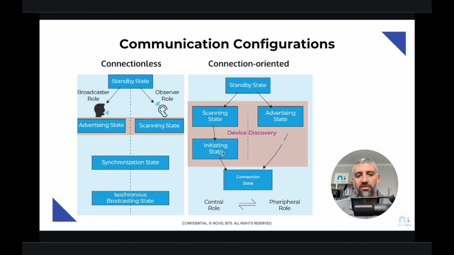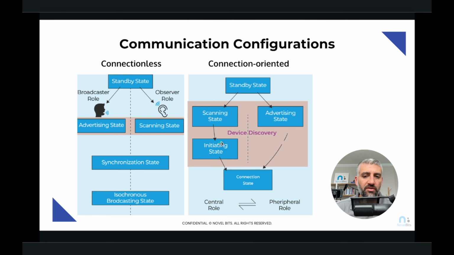Now, there are different types of advertising that we'll talk about shortly, and that's what allows devices to use connection-oriented communication. In that case, we'll have a scanning device and an advertising device, but the advertising device is sending out packets that allow a connection from another device.